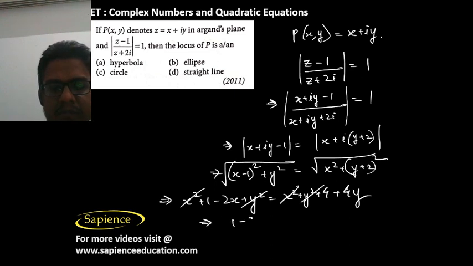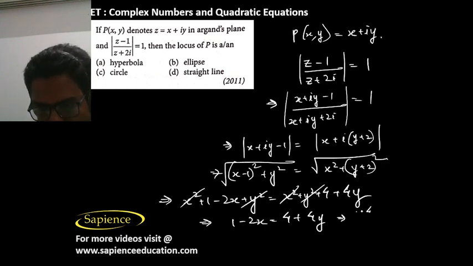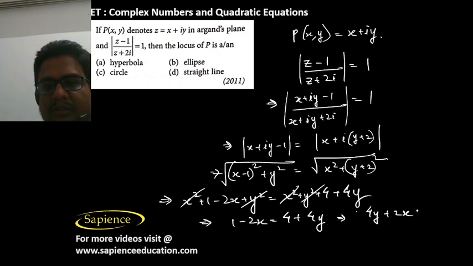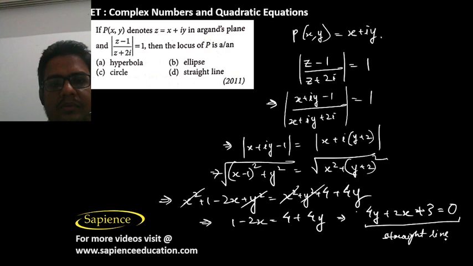Then we will have 1 minus 2x equal to 4 plus 4y. So we can write this as 4y plus 2x plus 3 equal to 0, which is an equation of a straight line. So therefore the locus of P represents a straight line, which is option D.